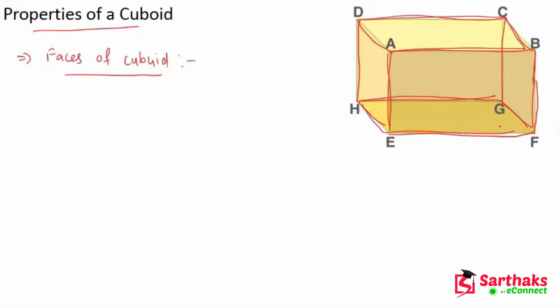So there are a total of 6 faces of cuboid. What are these faces?